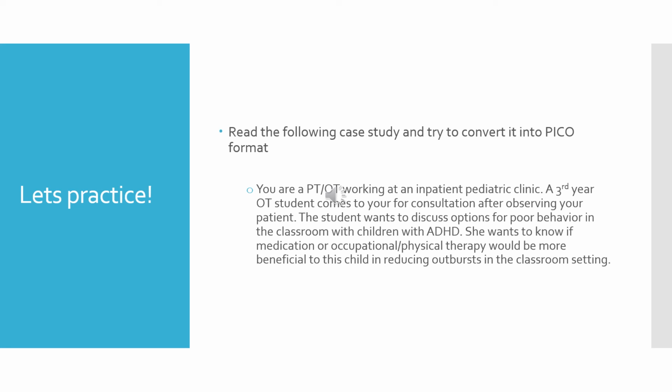The student wants to discuss options for poor behavior in the classroom with children with ADHD. She wants to know if medication or occupational and physical therapy would be more beneficial to this child in reducing outbursts in the classroom setting. So you can stop here and try to pull out the PICO. So pull out the P, the patient, I, intervention, C, the comparative intervention, and then the outcome.